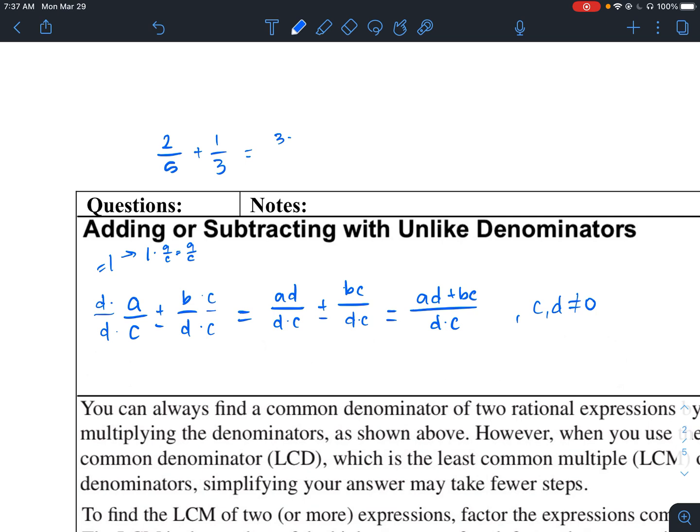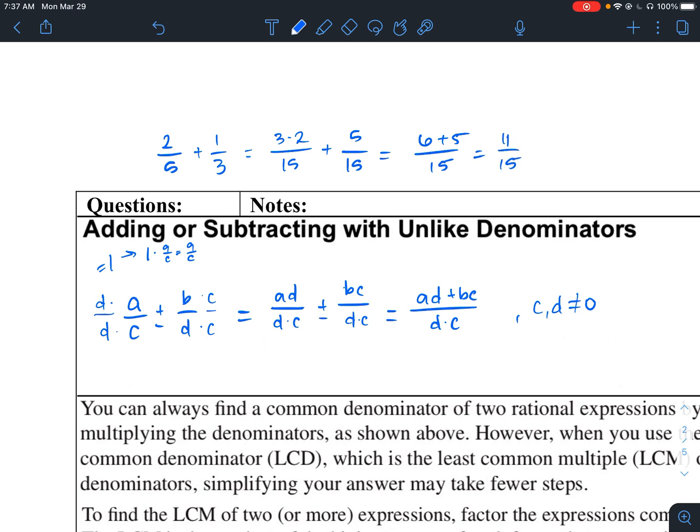So 3 times 2, over 3 times 5 would be 15. And then plus, and then this side I want to multiply by 5 divided by 5, which would be 1 times 5, which is 5, over 3 times 5, which is 15. So you see how we created a common denominator there. And then this is equal to 6 plus 5, over 15, and that's equal to 11 over 15.